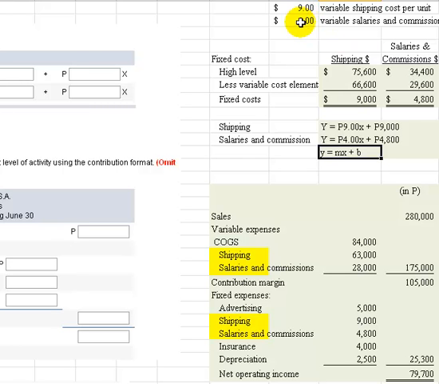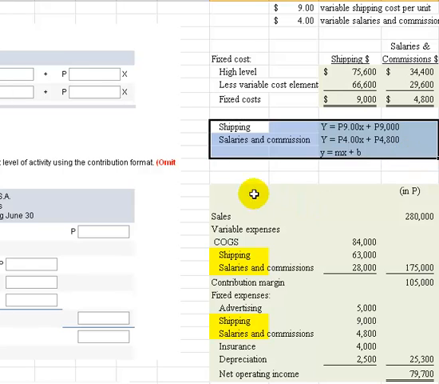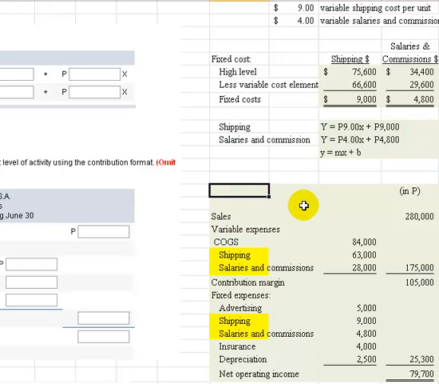Okay, so we had calculated $9 and $4 and our fixed cost to come up with the formulas. We all saw this before. And then down below is where we jot in what we know. Sales at 7,000 units would be equal to 7,000 times 40. The cost of goods sold is equal to $12 times 7,000 units.